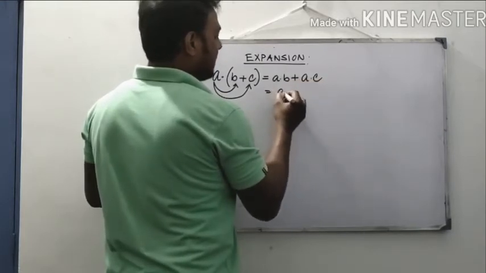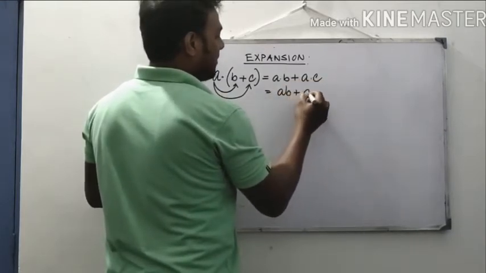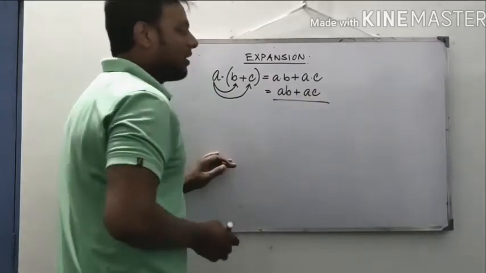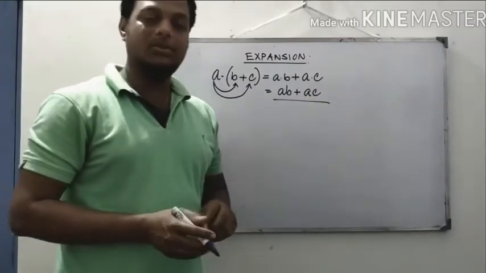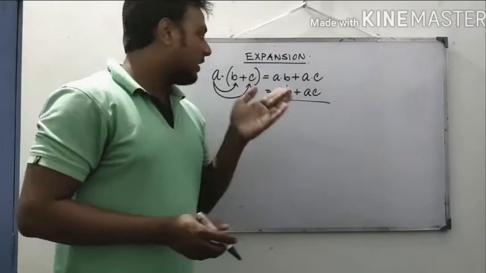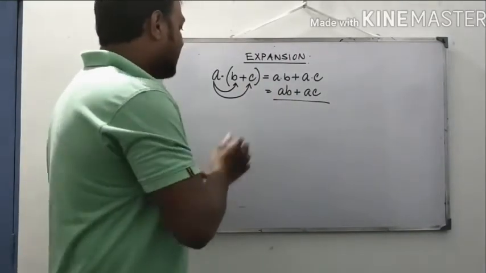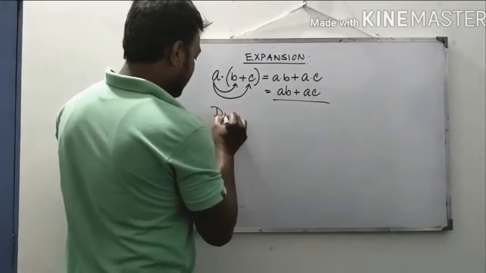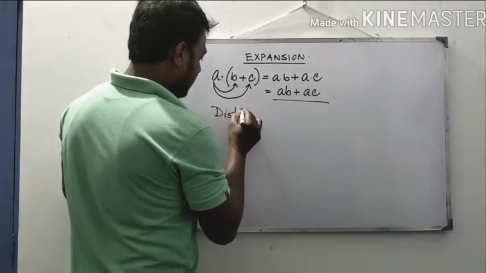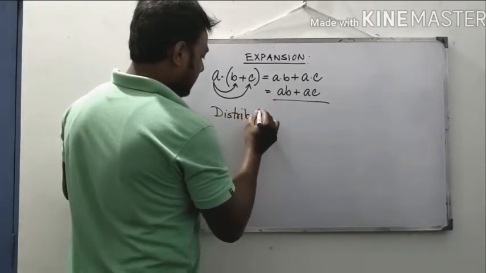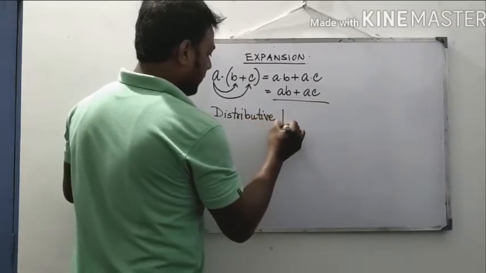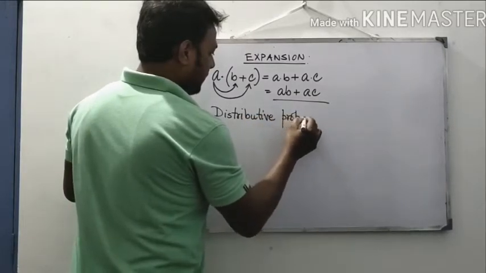A into b means ab in algebra, and this is ac. This is called the distributive property, and you know it very well, I think.